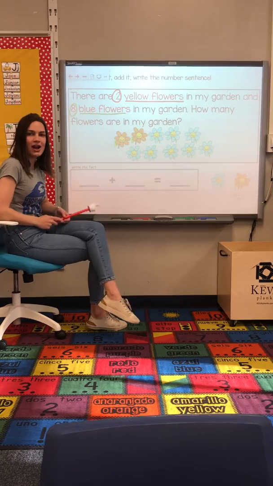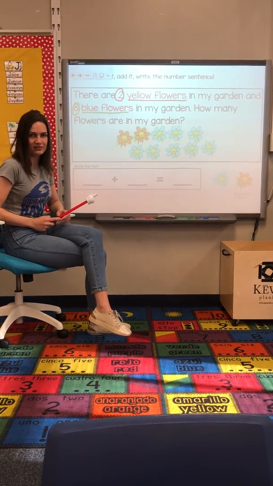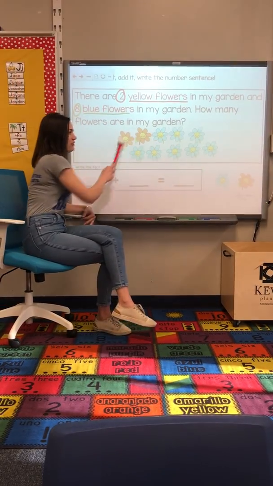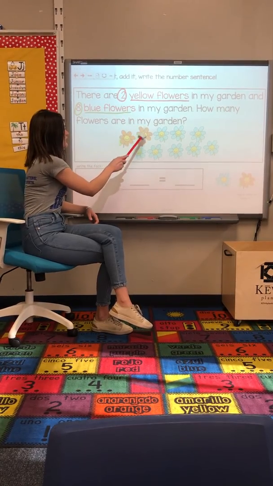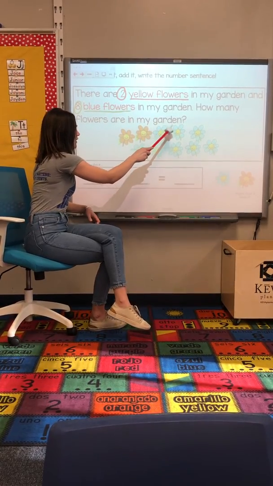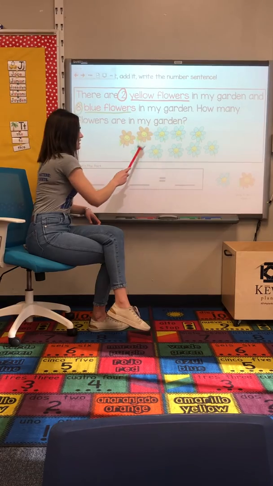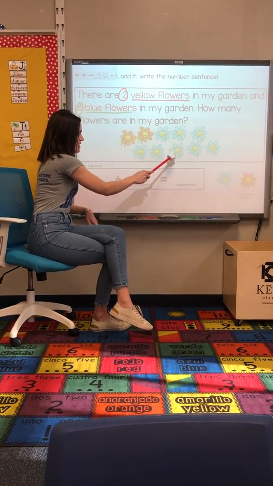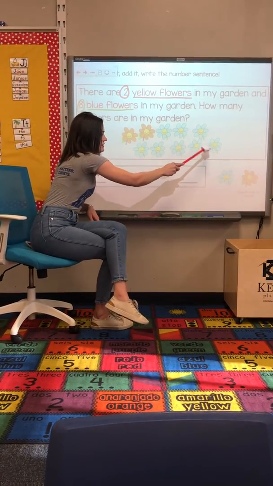Now, how do I figure out how many I have all together? That's right, I count all the flowers. 1, 2, 3, 4, 5, 6, 7, 8, 9, 10.